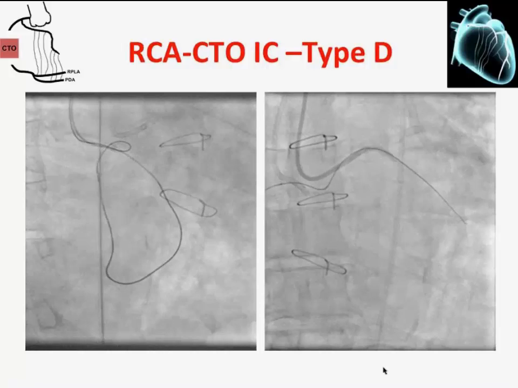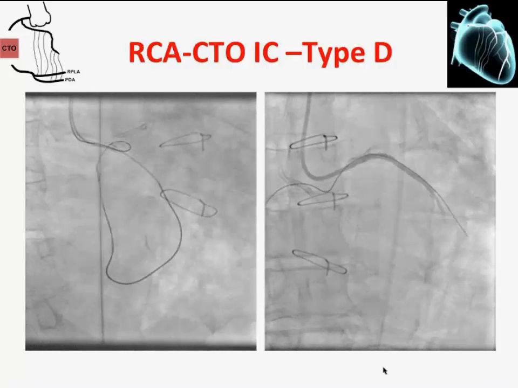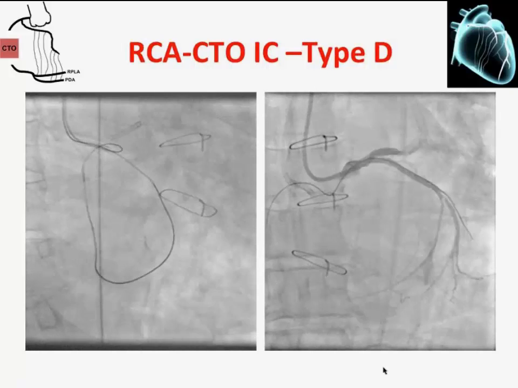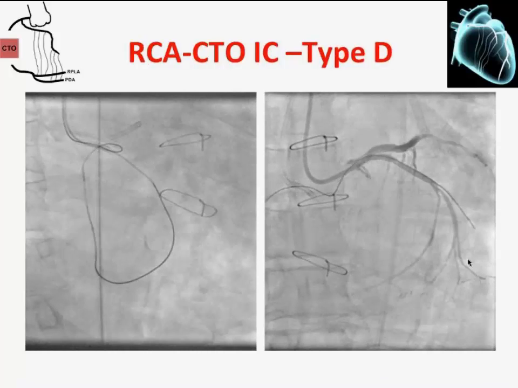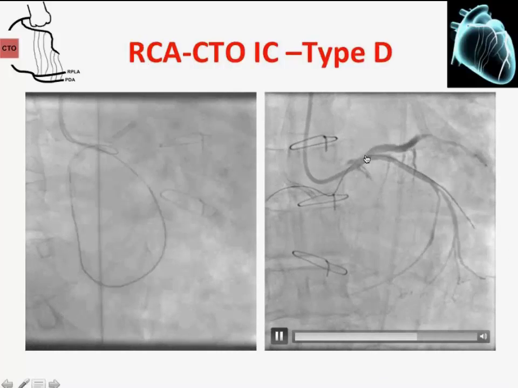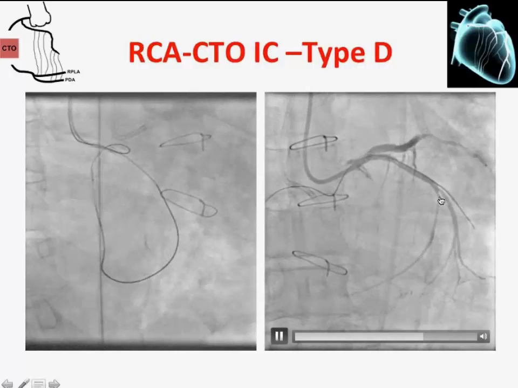So finally, I could bring a Corsair up first with a Confianza wire, and then with a Gaia second, and then the Gaia wire jumped in the aortic root, and finally I was a little bit surprised because it ended up in the circ, so it was a Gaia wire.